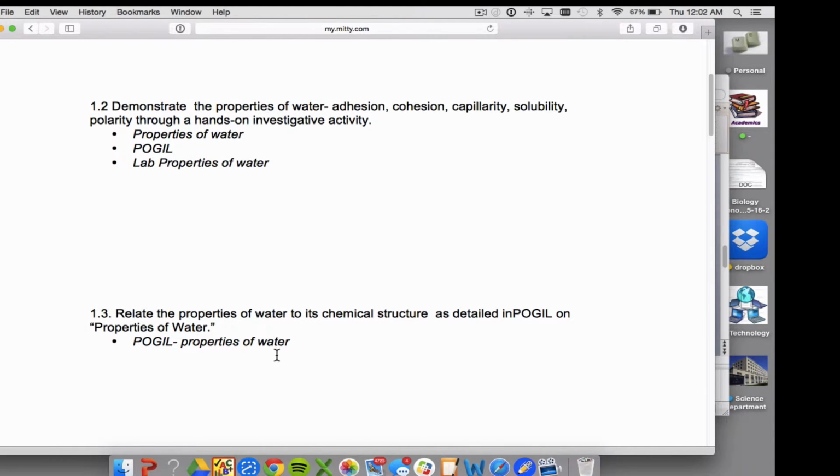What you should do is use the POGIL on properties of water, look at the lab on properties of water, and check back on your note taker. Remember, water is polar because of the uneven sharing of electrons between the oxygen and the hydrogen, and as a result, the oxygen has a slightly negative charge and the hydrogen has a slightly positive charge. This allows water molecules to form hydrogen bonds between each other, giving it the qualities of adhesion, cohesion, and so on and so forth.